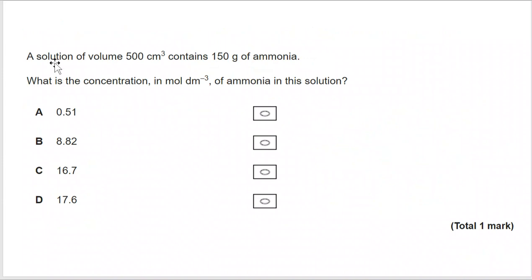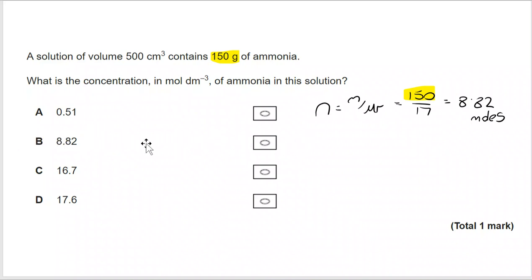And again, on this one, we've got a volume and we have a mass. Now, I'm going to say work out the moles, because if we're given a mass, we know the formula of ammonia is NH3. So we can work out its molecular mass is 17. n is 150 over 17, which is 8.82 moles. Now, you can see that that's an answer here.